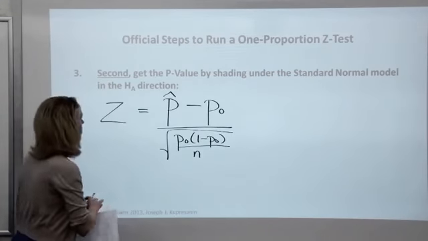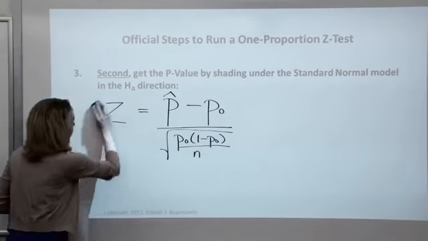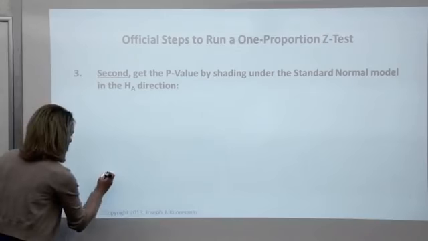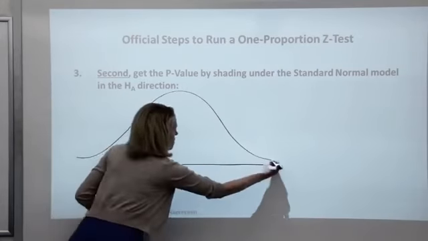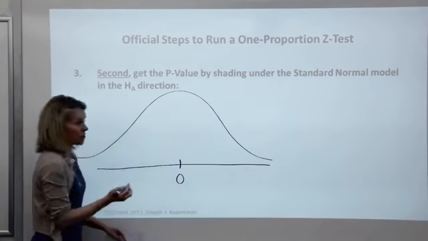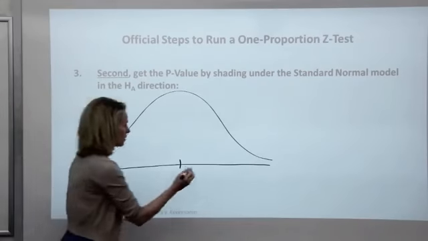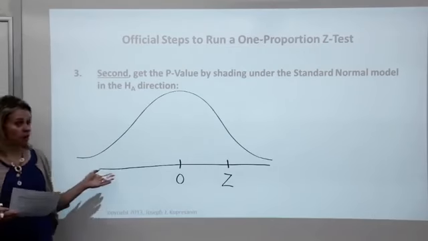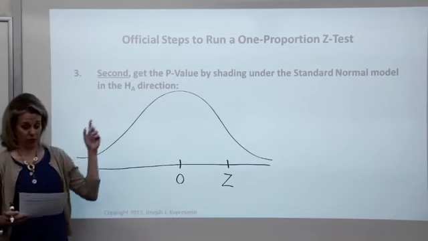And so what we'll do, we're going to draw a standard normal curve, draw a z-curve here. So this is z. 0 would be in the middle. And you're going to take your test statistic that you just computed. I'm just going to put this somewhere. Let's say it's here. And you're going to shade the area under the normal curve in the direction of your alternative hypothesis.